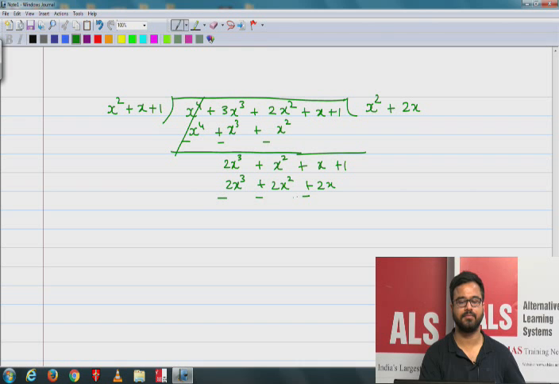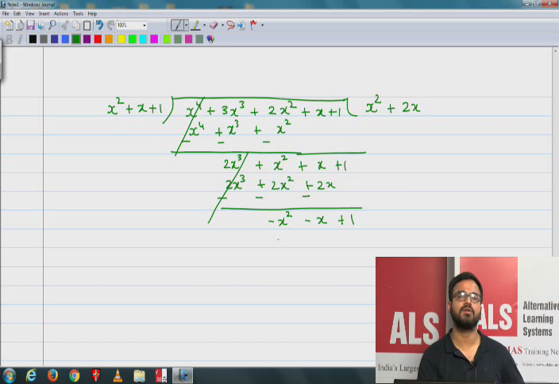Subtracting it again, this will get cancelled out. x square minus 2x square will be minus x square, x minus 2x is minus x, and plus 1 as it is. Now here we want minus x square, so we will write minus 1 over here, and minus 1 times x square, then plus x into minus 1 is minus x, and plus 1 into minus 1 is minus 1.